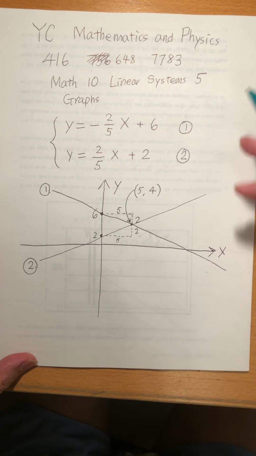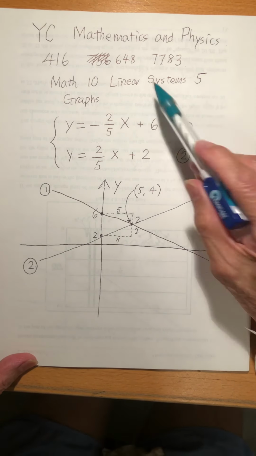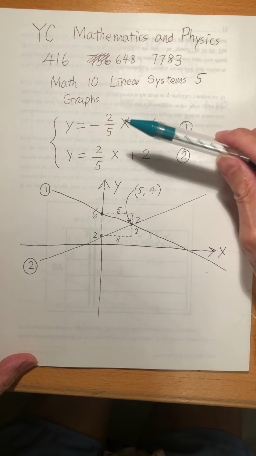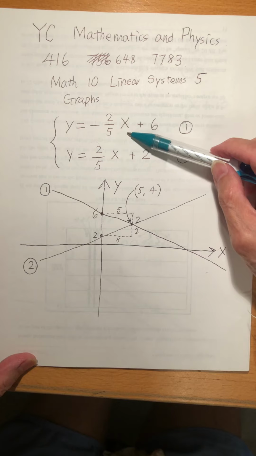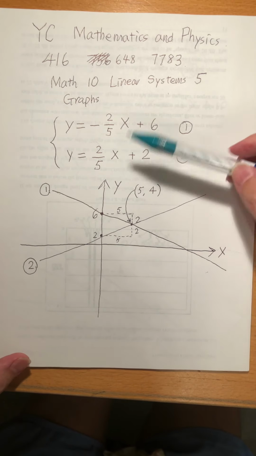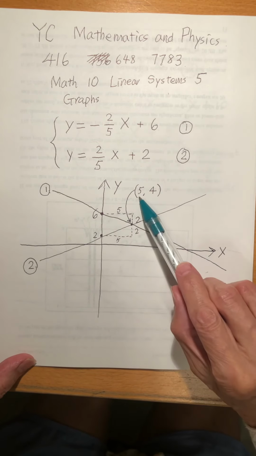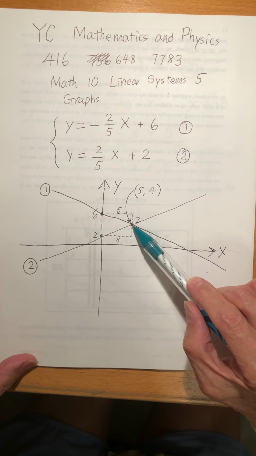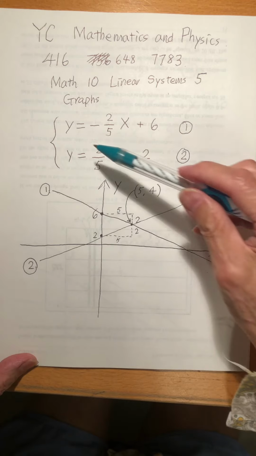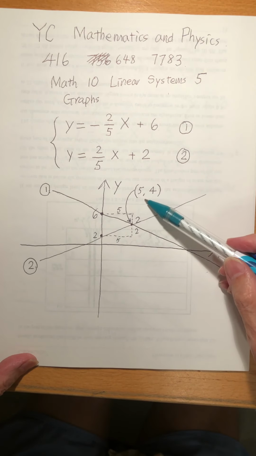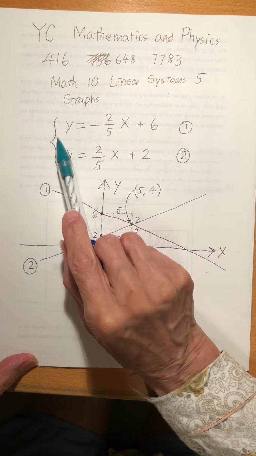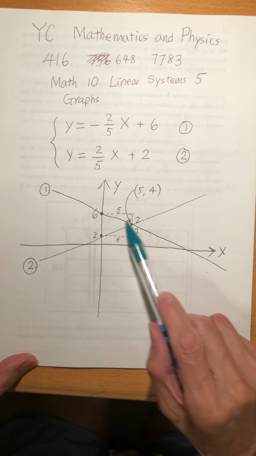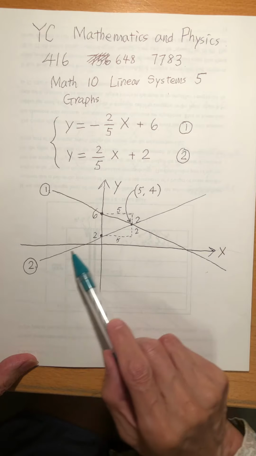This is just to show you that a linear system contains two straight lines. And the solution, this (5, 4), is the solution. The solution means a point on both lines. This point is on the line equation 1, and this point is also on line equation 2.